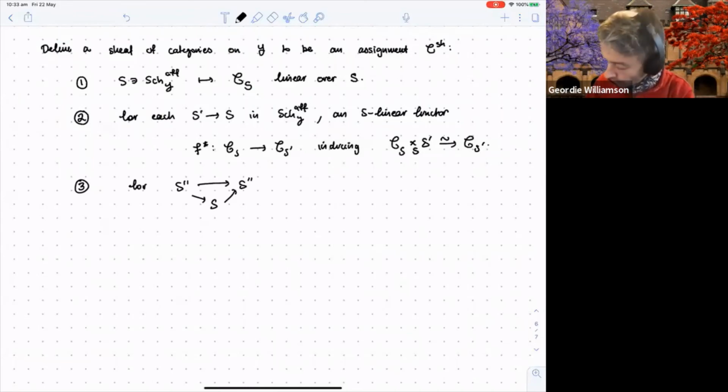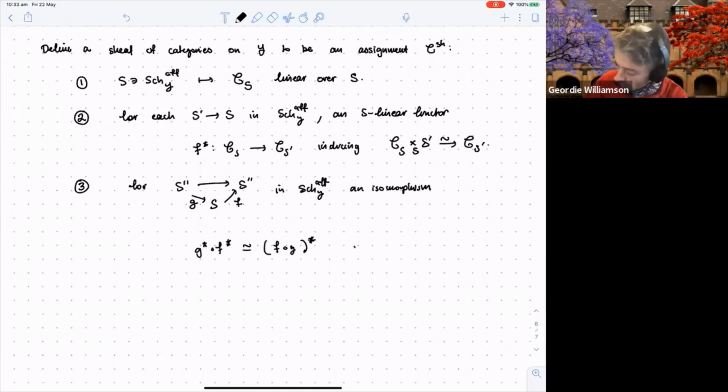So for this in scheme Y, we have an isomorphism FG, such that a three-way compatibility holds.